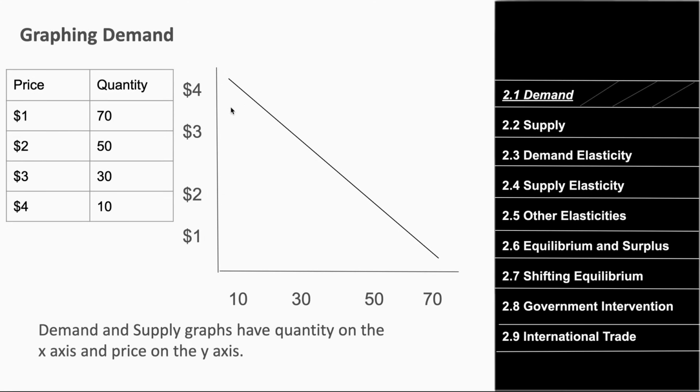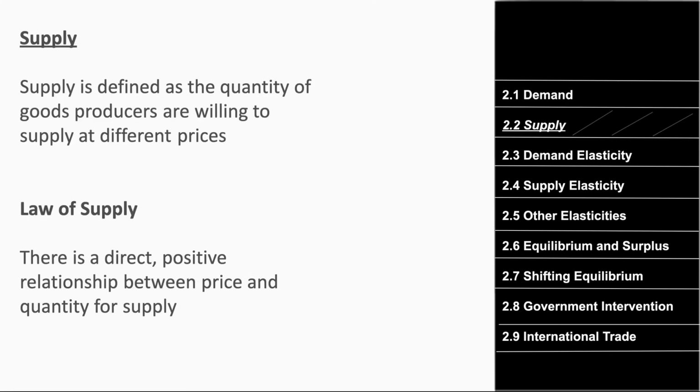It's decreasing because of those three main reasons, and also just the higher the price, so at $4 less quantity demanded, 10, but at $1 we only have 70. So you see the reasoning here: the cheaper the product, the more demand; the more expensive the product, the less demand.